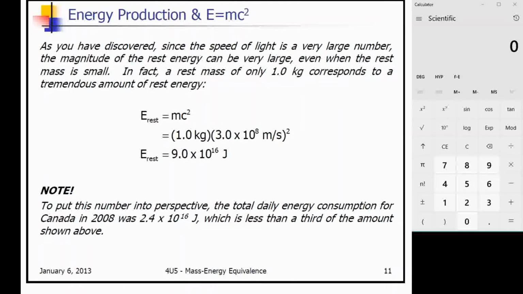To put that into perspective, the total daily energy consumption for Canada, the whole country, in 2008 was 2.4 times 10 to the 16 joules, which is less than a third of that rest energy. So you can power Canada from 1 kilogram, if you could. 1 kilogram of mass could power Canada for an entire day, and then some.